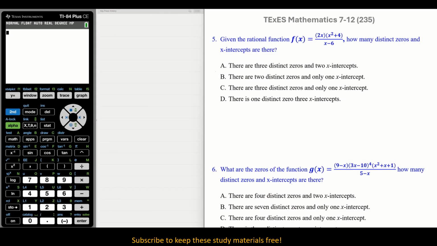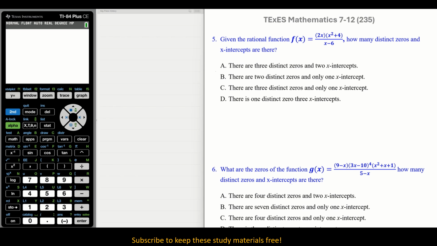Number 5. Given the rational function f of x, how many distinct zeros and x-intercepts are there? Well, as we just said, you have to look inside of your parentheses. So I see 1 for the first one, which will be x equals 0, and then another one for the x squared, or 2 more.